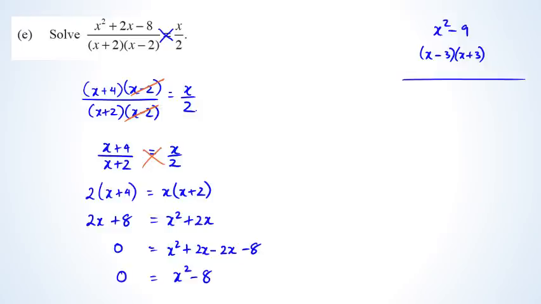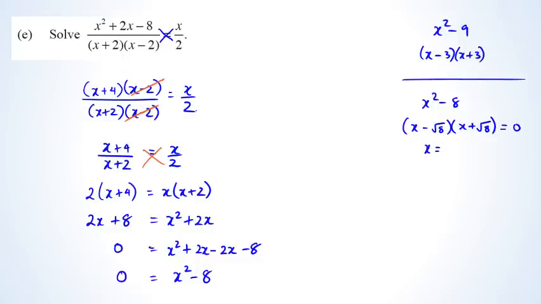You could have actually said that x squared minus 8 could be written as x minus square root of 8 multiplied by x plus square root of 8. If you have not done surd forms, then I wouldn't expect you to write it like this. And because that equals 0, you get two answers.